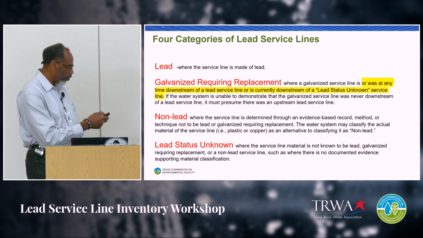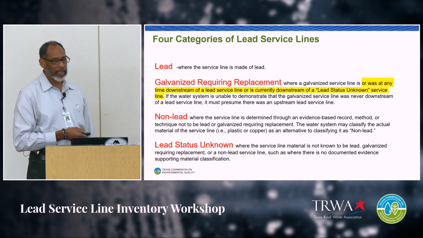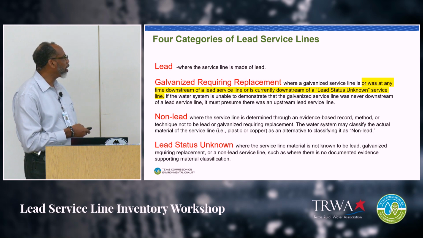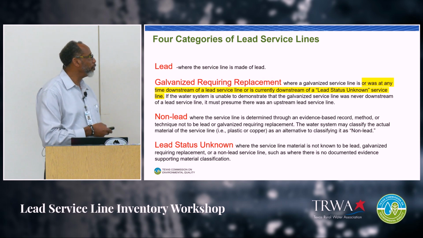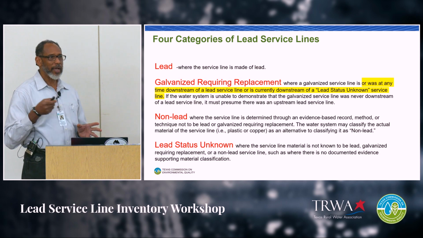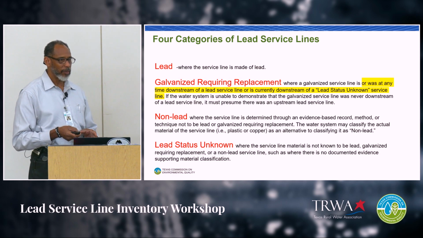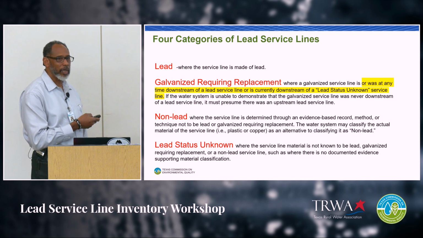Galvanized, so you have lead, of course, we all know what that is. If the service line is made of lead. And then you have GRR, you're going to hear that a lot, galvanized requiring replacement. So if you had a galvanized pipe and it was ever downstream of lead, is currently or ever was, then that's called galvanized requiring replacement.